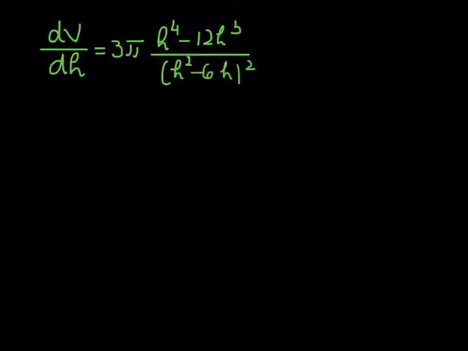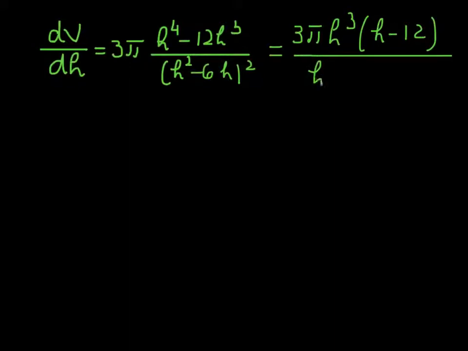Okay, so this is dV by dH. We can factorize: 3 pi H cubed bracket H minus 12 over H squared minus 6H squared.